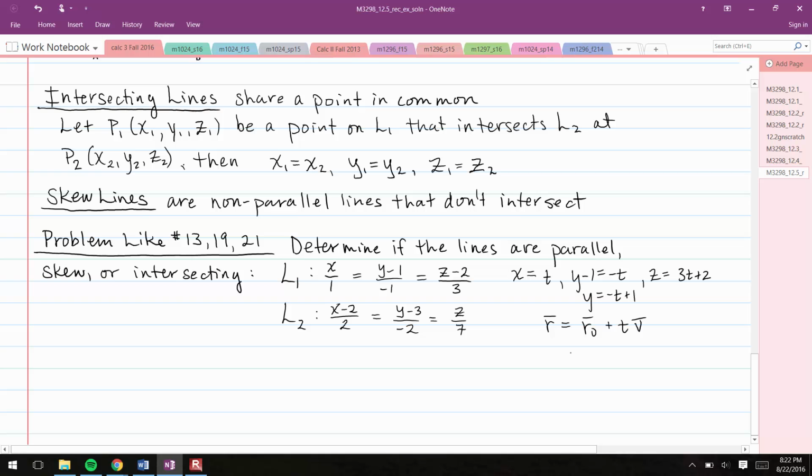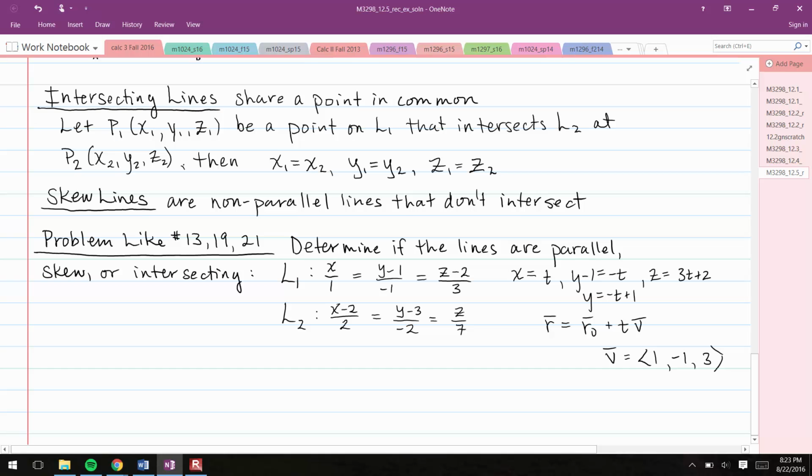Matching that up, what our v will be is the part that is next to the t. So what we'll have here for v is 1, -1, and 3.